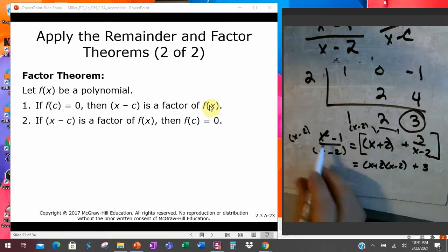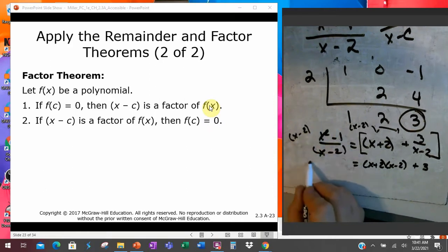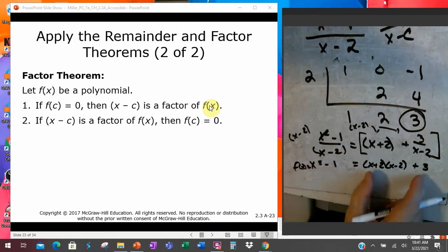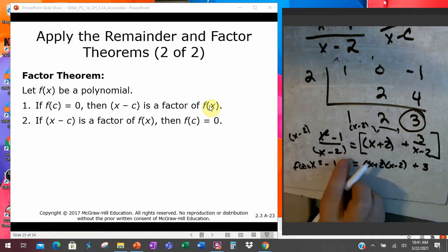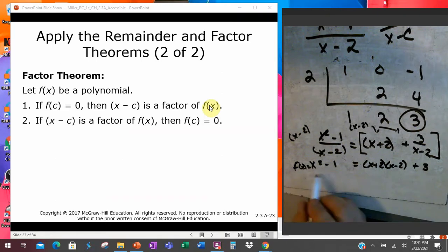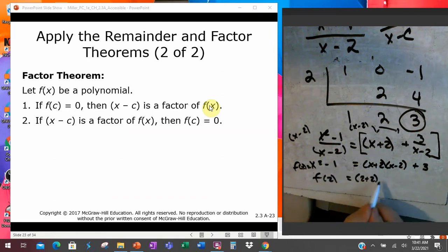Now, my original x squared minus 1 I can rewrite as this, but watch what happens when I evaluate at x equal to 2. This is 0.